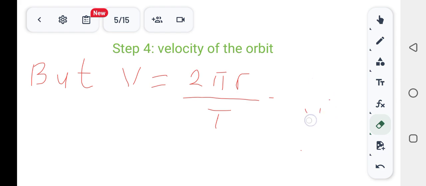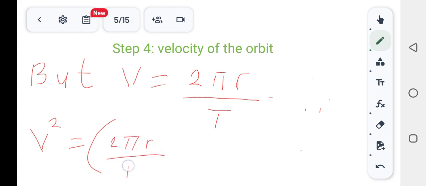So if v equals 2 pi r over t, then v squared is the square of 2 pi r all over t.